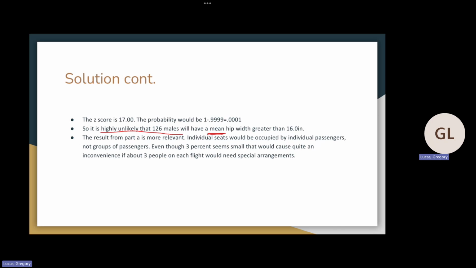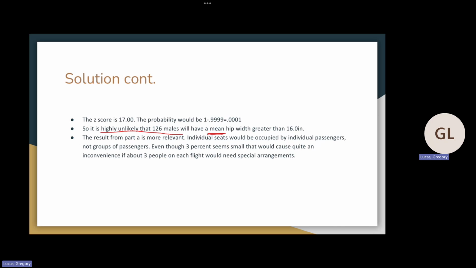So we can see the first part is more relevant. Individual seats occupied by individual passengers. So individual value for individual passengers would make more sense, not a group of passengers. If the mean was a crazy number, or the mean had a crazy high probability, that'd be a really big problem.